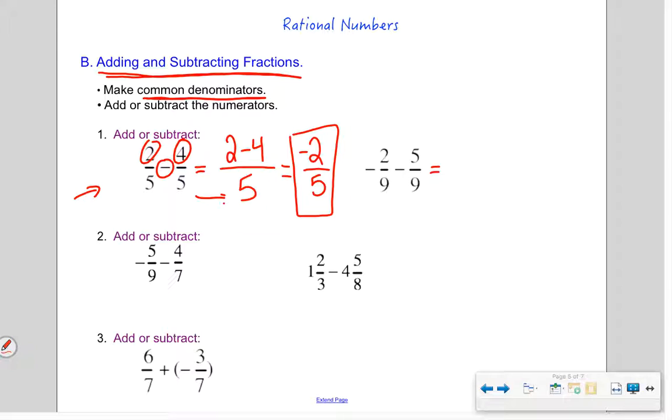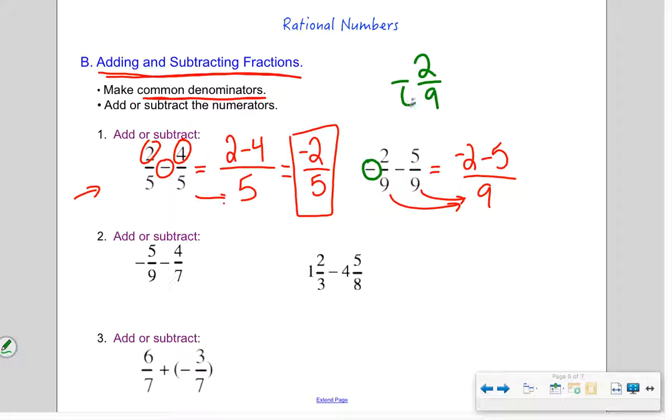Our next one, -2 minus 5, is actually what's happening on the top, over 9. Okay, the 9 part, the denominators are already the same, so that just comes along. And I write, okay, take this sign. This is where our last slide, what we just talked about previously, is important. This negative sign, that's generally here in green, right above -2/9.